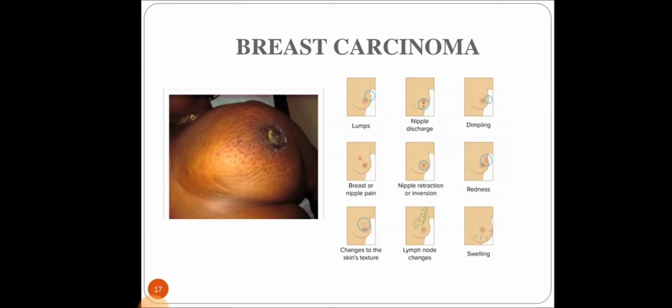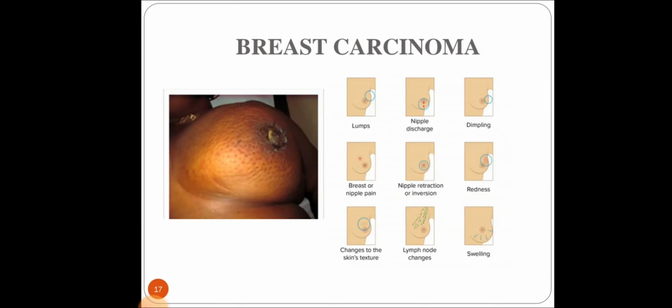And then about the etiology, main thing, age, it is told that below the age of 20 years it is rare, but high incidence is found in between 40 to 60 years of age. So the incidence, it is told that 40 to 60 years of age it is having high incidence, and below the age of 20 it is rare.